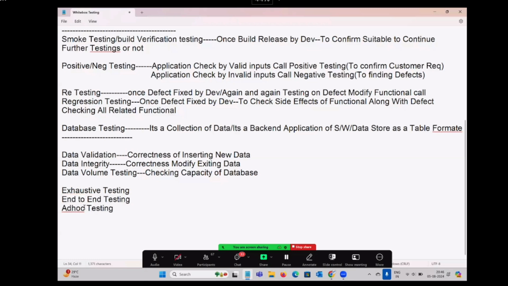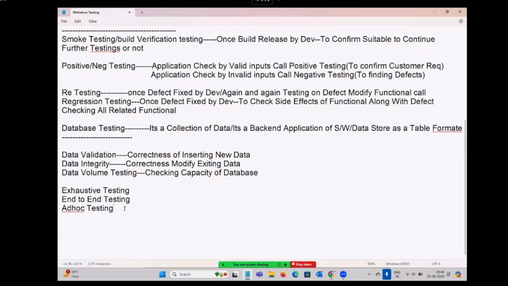Next, exhaustive testing. What is meant by exhaustive testing? Try to understand once again, everyone.